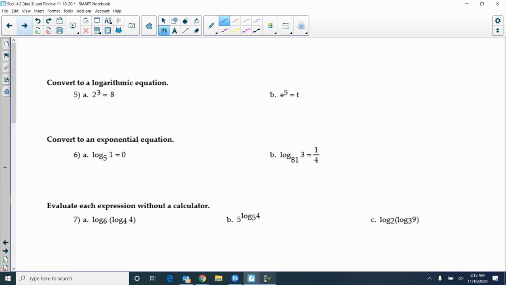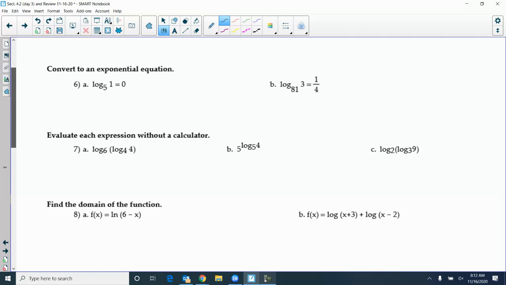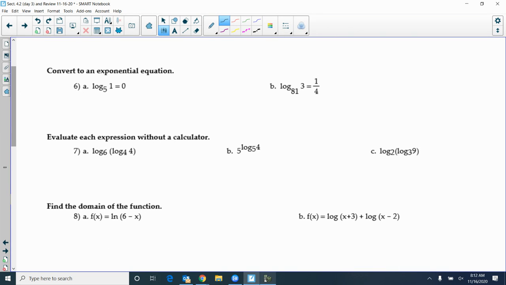One thing I need to make you aware of, if you would flip it over to the back: with how this comes out, the bases look a little deceiving. Like on 6A, I think it's pretty clear it's log base 5 of 1. And this is log base 81. But for some reason, on other ones I have issues. If it's where a base should be, it is a base.